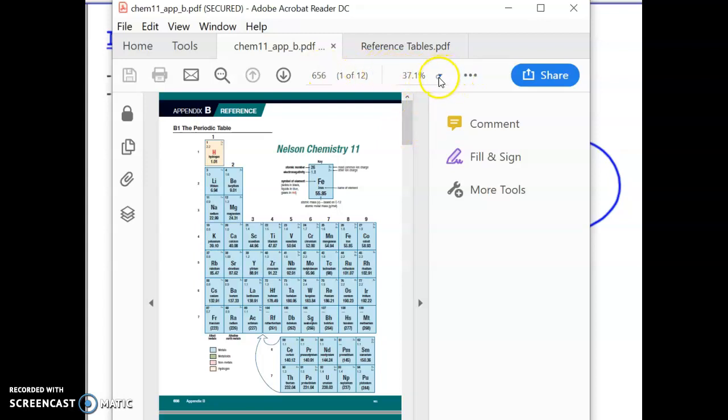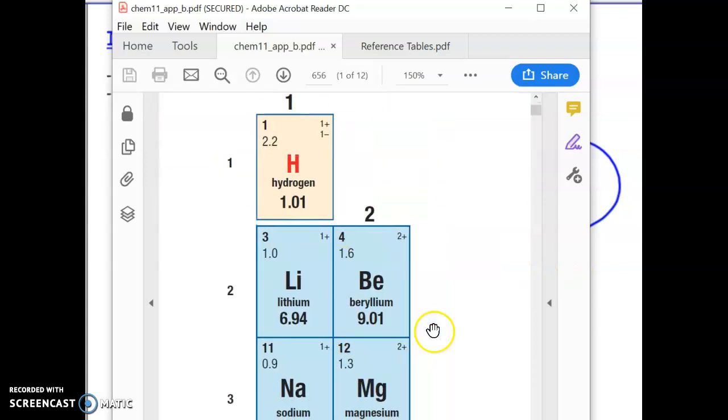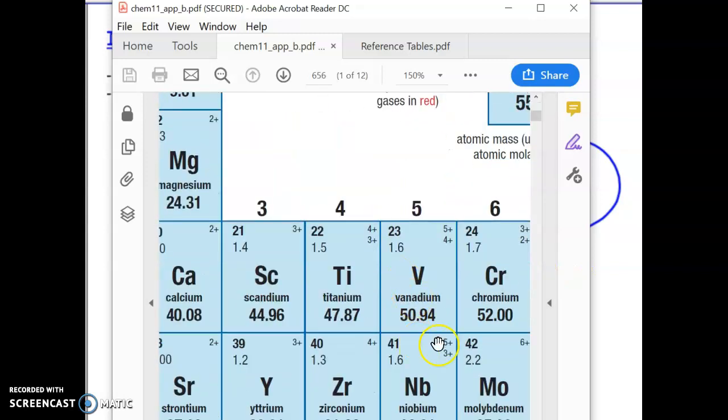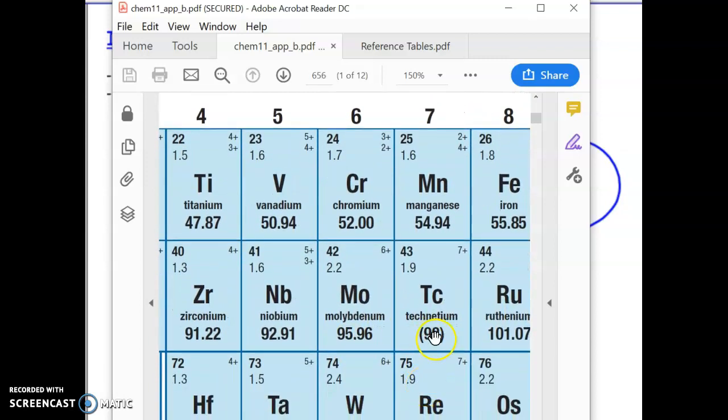It's just small. Okay, so the one in your textbook is actually pretty nice. It does not show you all the possibilities, which is why I don't really use it. But for now, especially when you're doing practice with Roman numerals and transition metals, it may be easier for you to use your periodic table from your textbook.